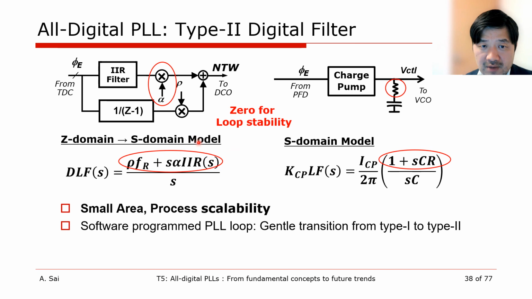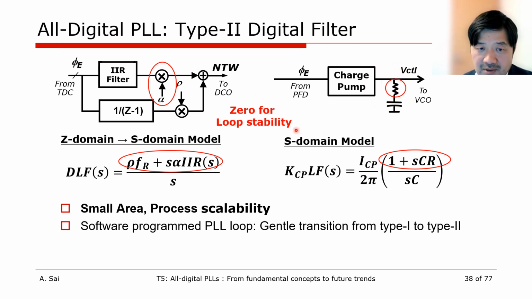A digital integrator with a coefficient low plays the role of the integrator, composed of a charge pump and a capacitor in the analog PLL. A parallel path with a coefficient alpha serves as a zero point, with a resistor connected in series with the capacitance in the analog PLL.